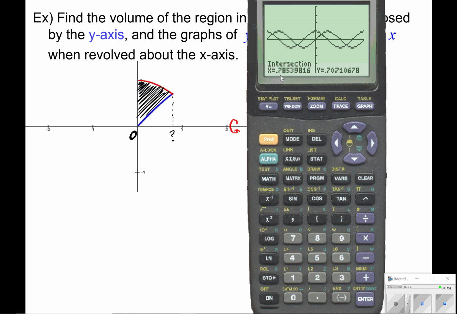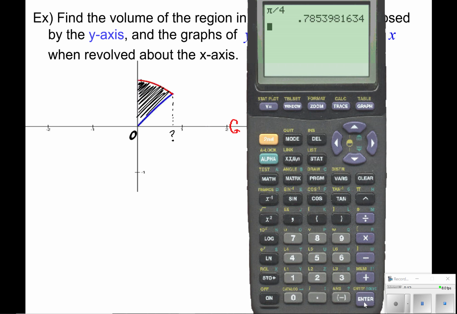But if you know that that intersection point, 0.7853, okay, that right there is pi divided by 4, I believe. Okay, so that right there, that's actually pi divided by 4.